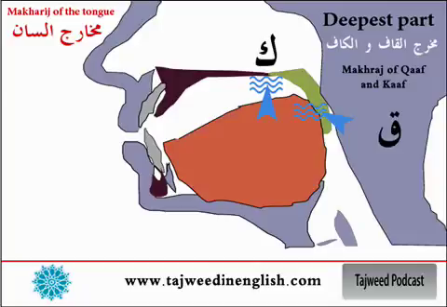Now the next part is the kaf. The kaf is slightly the same makhraj, but a little bit different than the qaf. The kaf is an empty mouth. That's number one. The second is that the kaf touches the roof of the mouth, a little bit touches the bone of the roof of the mouth, which is further towards the lips, I'm sorry.